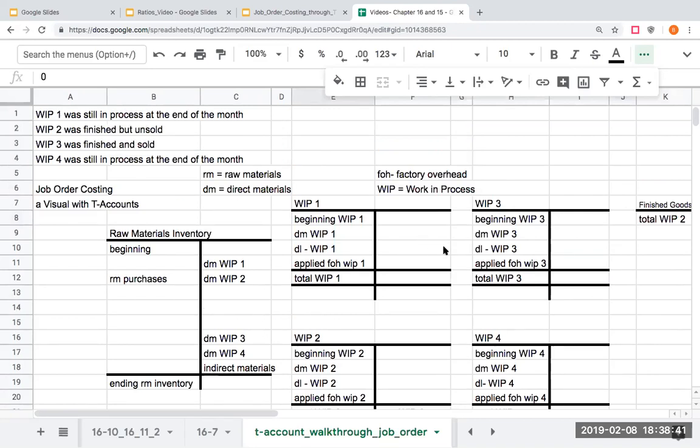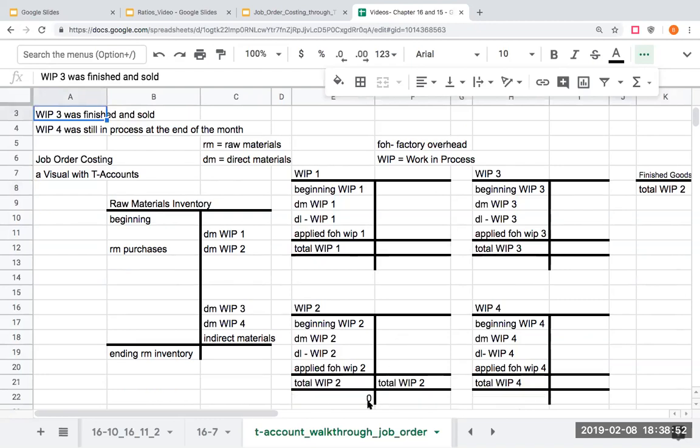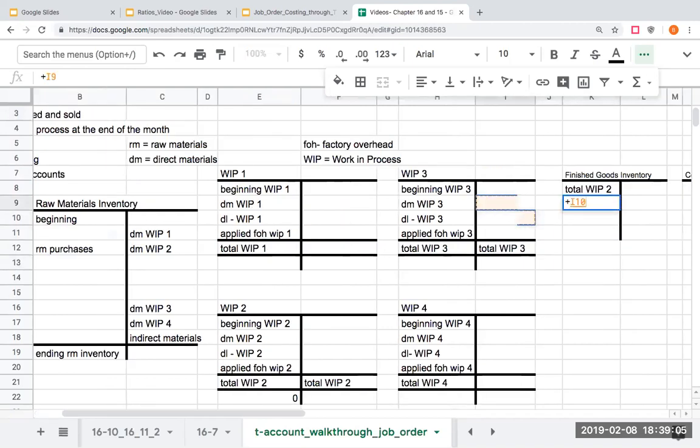Over here, it tells me my WIP 3 was finished and it was sold. Okay, so if a job is finished but it's unsold, then it's going to leave work in process and sit in finished goods until it is sold. But here, work in process 3 first needs to go to my finished goods inventory.